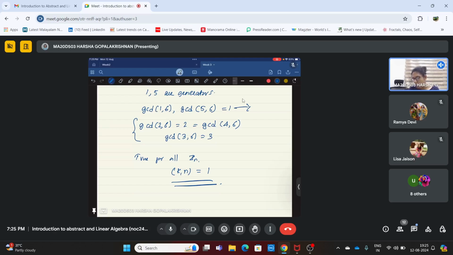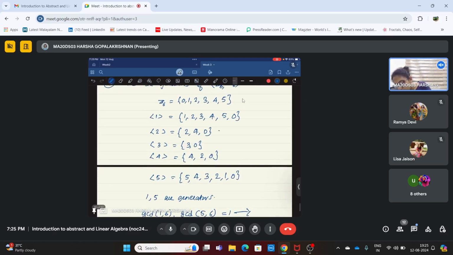Whatever we are doing here is actually a subgroup. This is a subgroup. This is a subgroup. This is a subgroup. Okay. So if one element is a generator, we will get the full group. If it is not a generator also, the elements it generates form a subgroup.